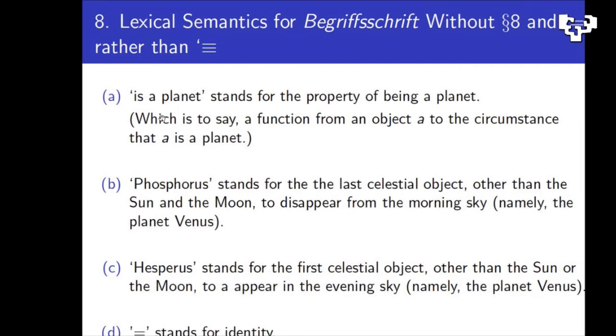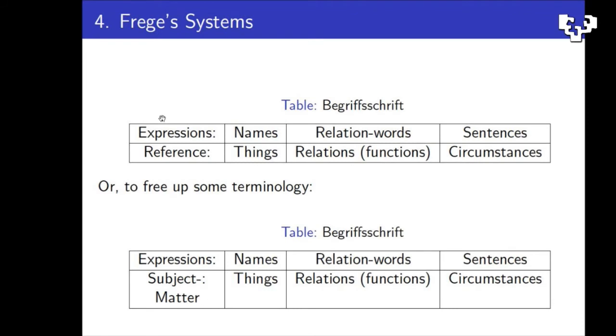So remember, we've got just these two levels. So what the lexicon has to tell us is which things the names stand for, and which relations the relation words stand for. And then that, together with the compositional semantics, will tell us which circumstances the sentences stand for. It's all pretty clear.